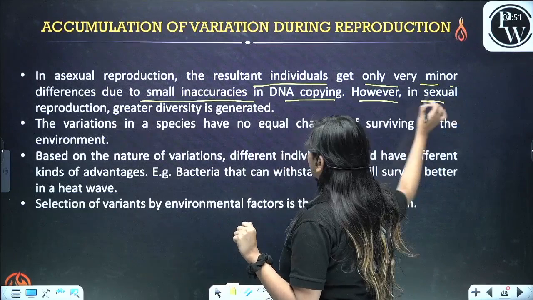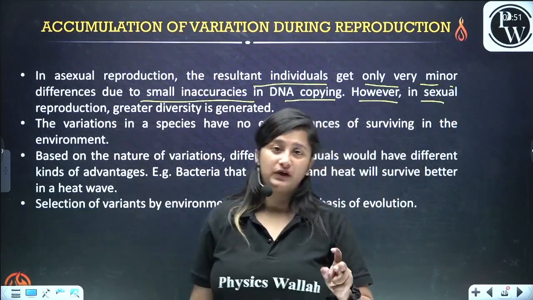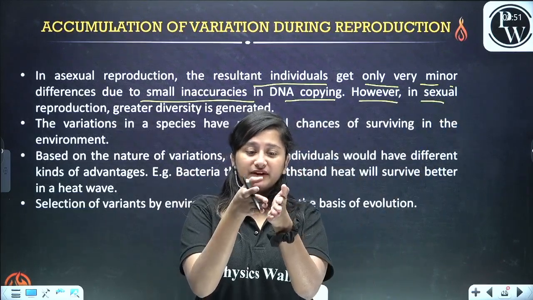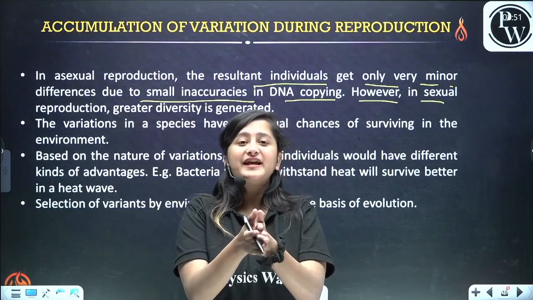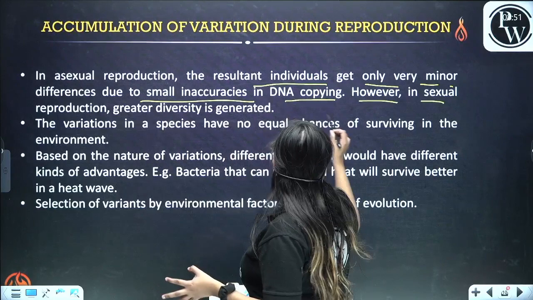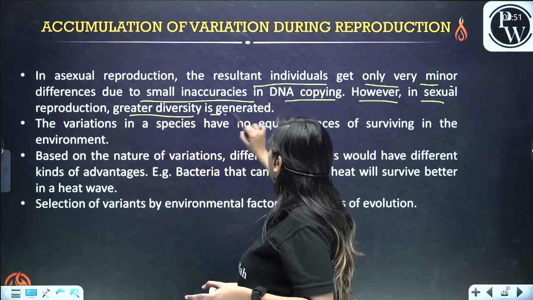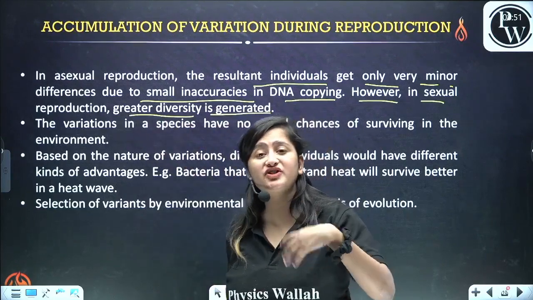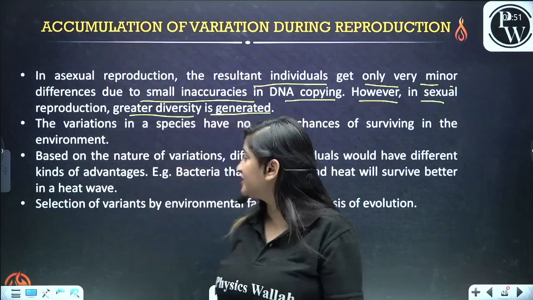However, in sexual reproduction, 2 parents are involved, and there is mixing of DNA, right? That is DNA sequencing, if I talk about it. So greater diversity is generated, more variation can be there.